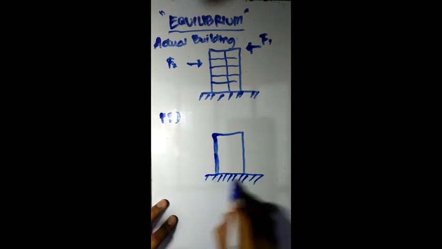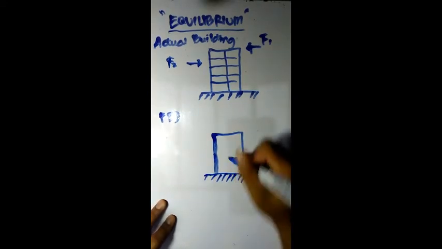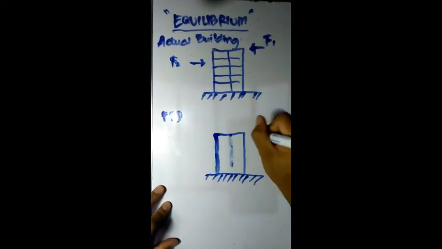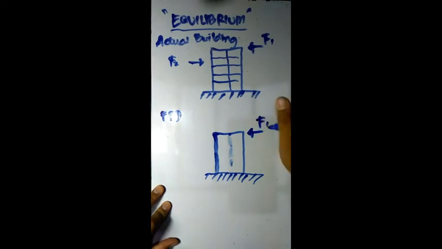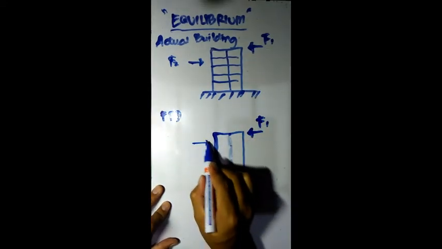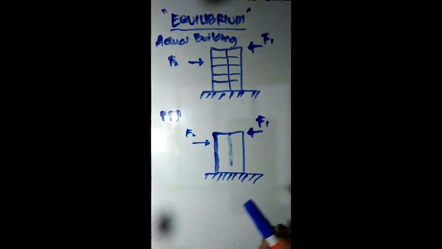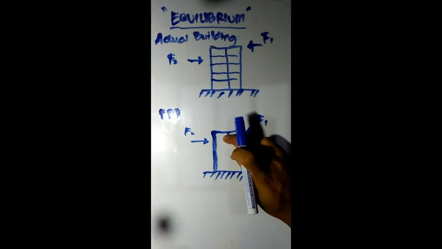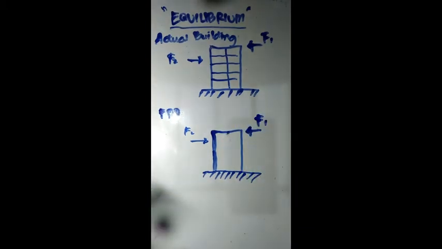Pwedeng i-draw ninyo itong sa baba or hindi. Okay? So, as you can see, may force 1 dito. As is natin yung forces na nag-exist originally. So, force 1, force 2. Later on, i-discuss natin yung typical type of structures at saka yung typical types of effects ng external forces.